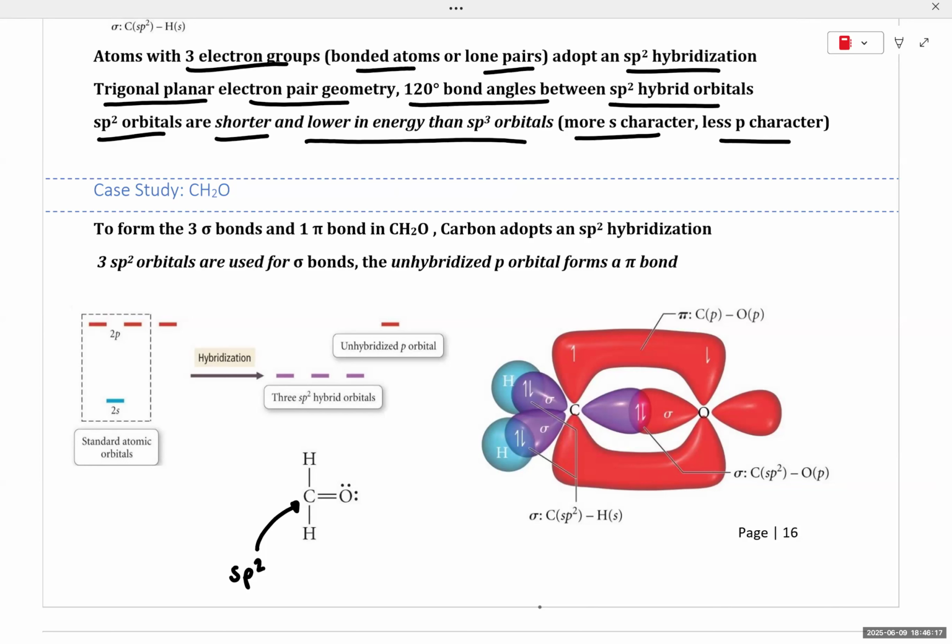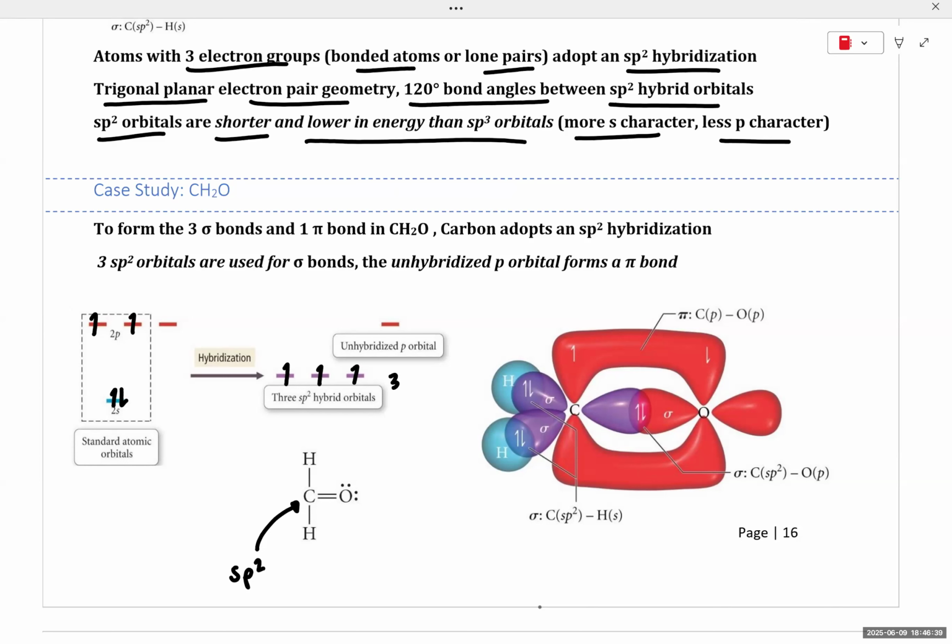To this end, we can also take a look now and just fill in what this would look like for carbon. So carbon has 1, 2, 3, 4 valence electrons. We take these atomic orbitals, hybridize them together, and we get 1, 2, 3 hybrid orbitals.